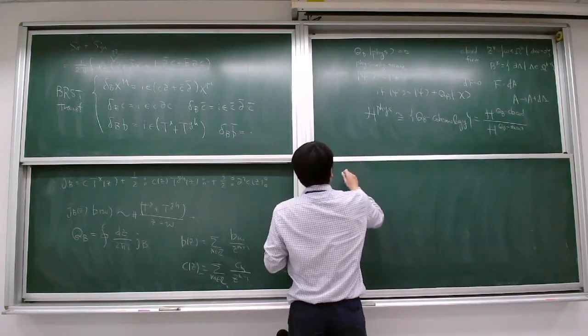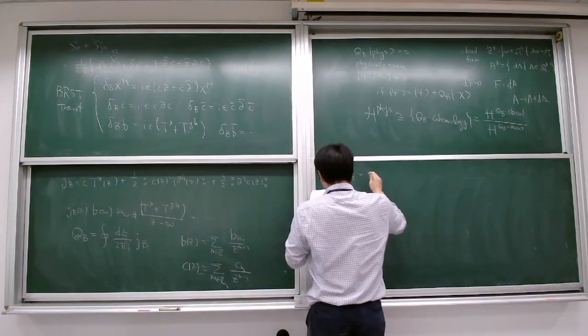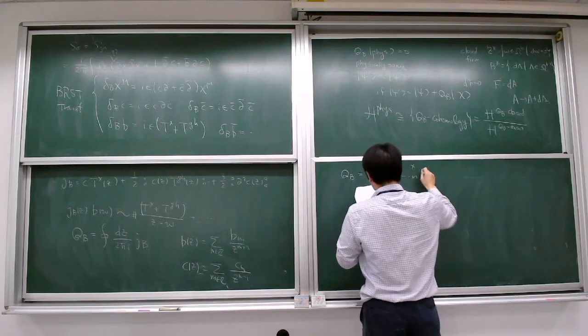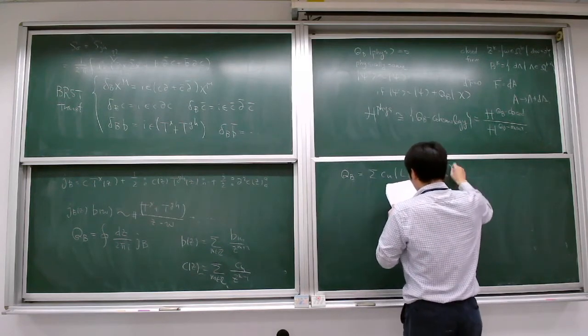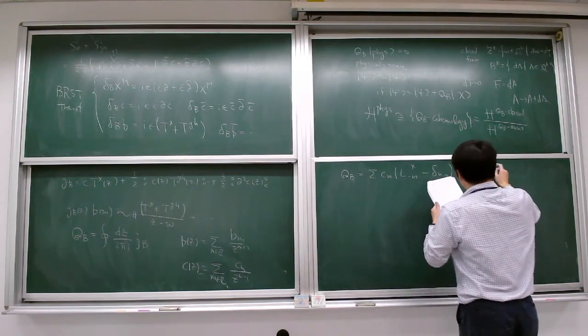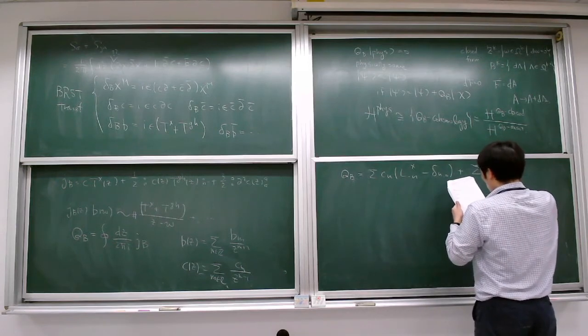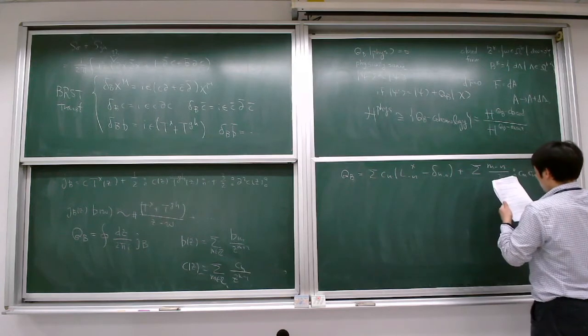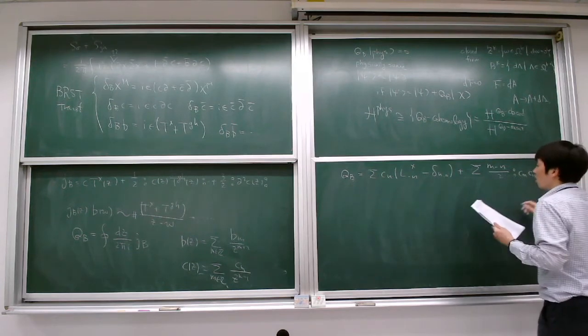so what you get is Q_B equal to c_n L_minus n x minus delta n 0 plus sum of (m minus n) over 2 c_m c_n b_minus m minus n, normal ordered.